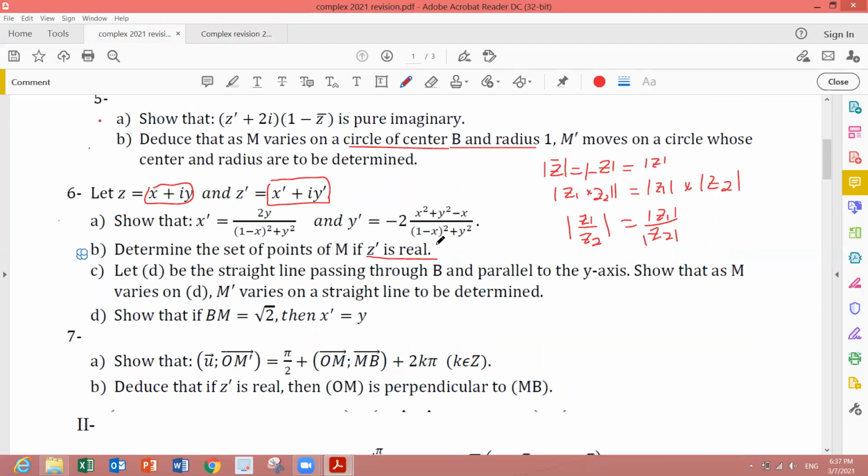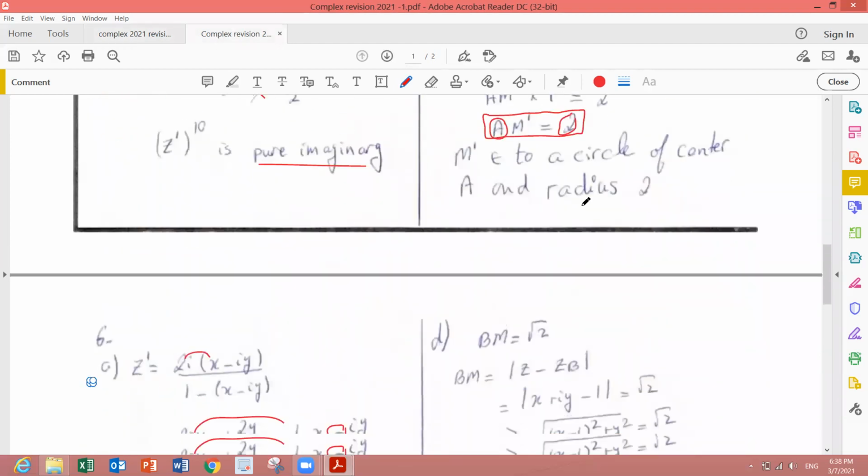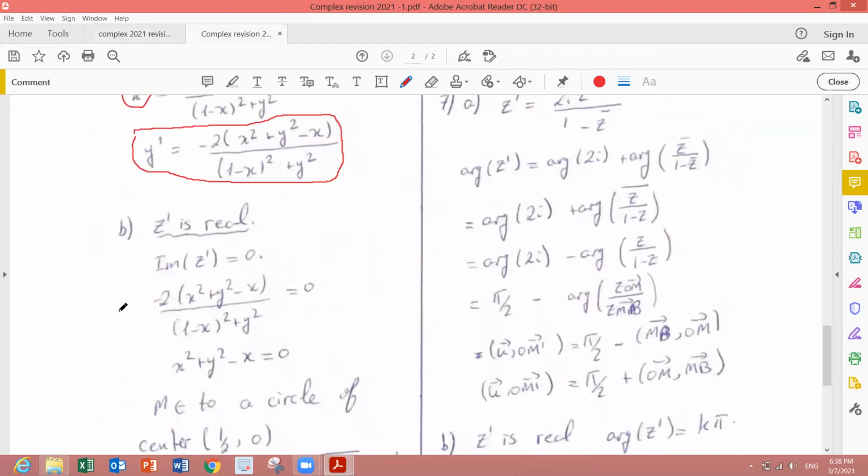Z prime is real means the imaginary part of Z prime is 0, which means Y prime equal to 0. This is Y prime here.